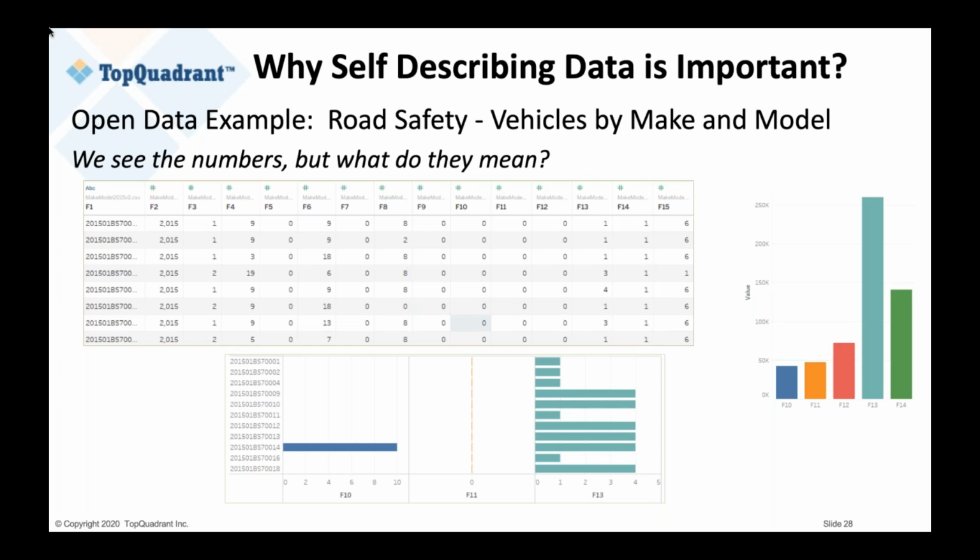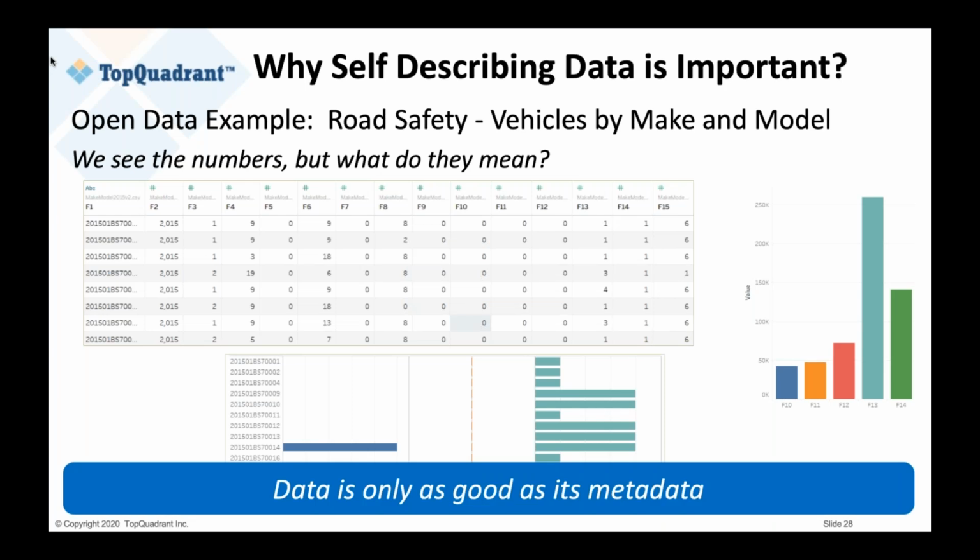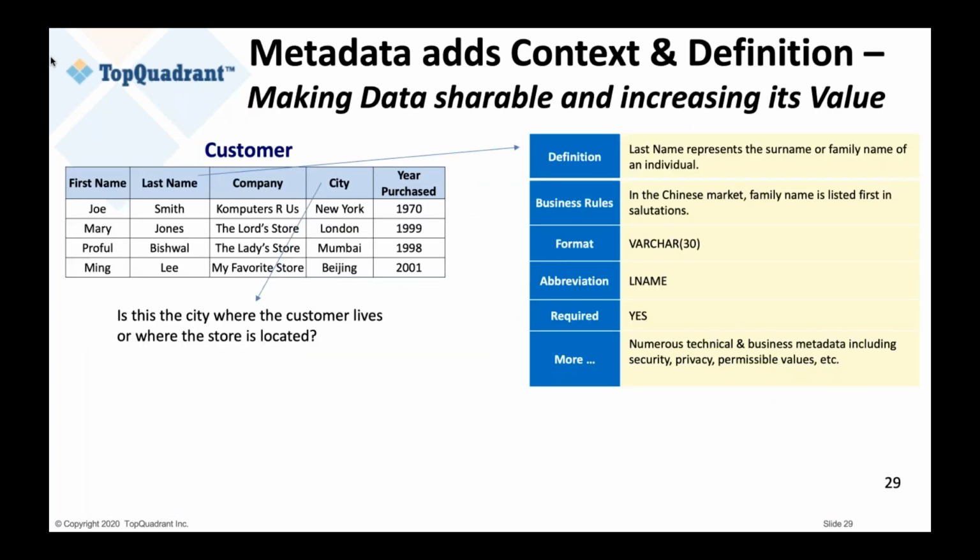You see the columns are labeled F1, F2, etc., and maybe those things are meaningful to someone. They're not particularly meaningful to me. So we don't really know what this data represents. So just having a label is not enough. The data is only as good as its metadata.